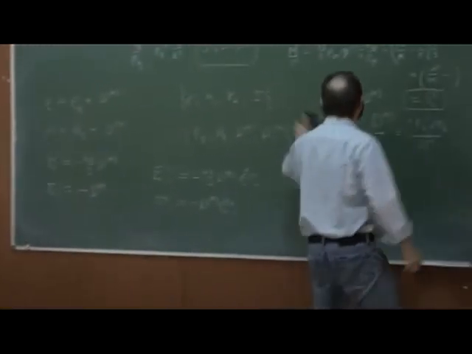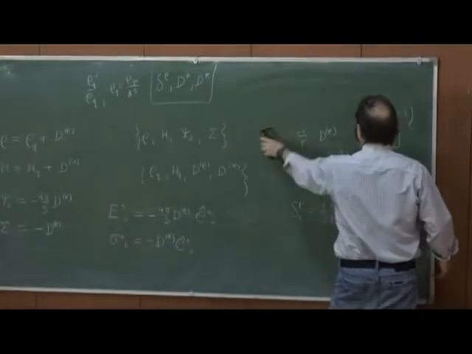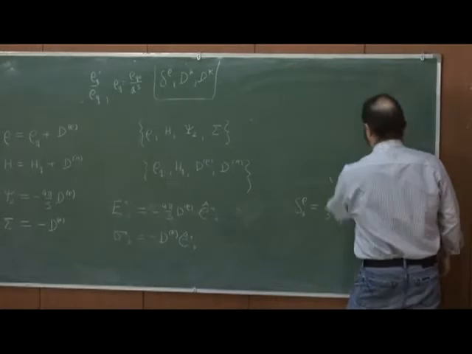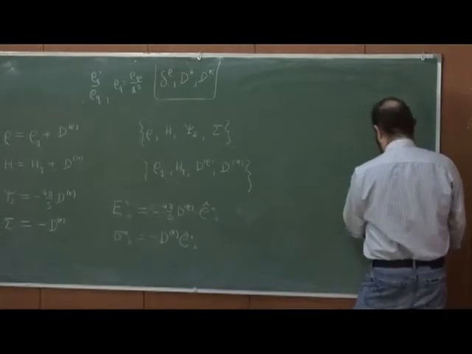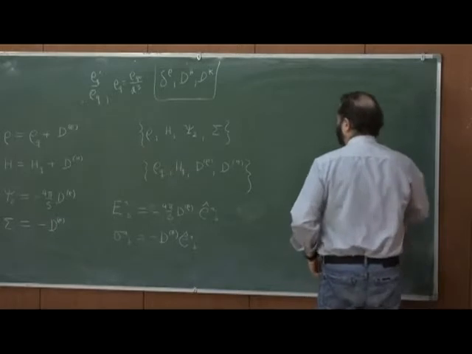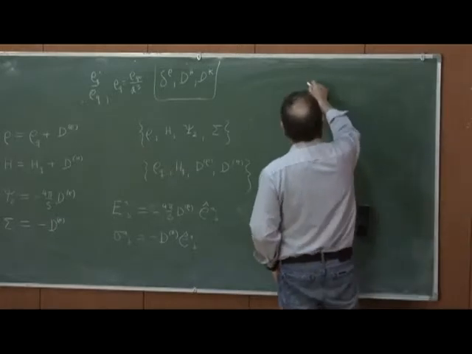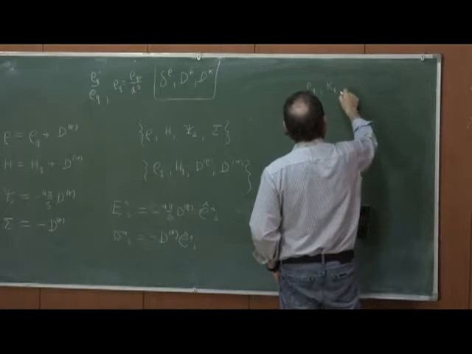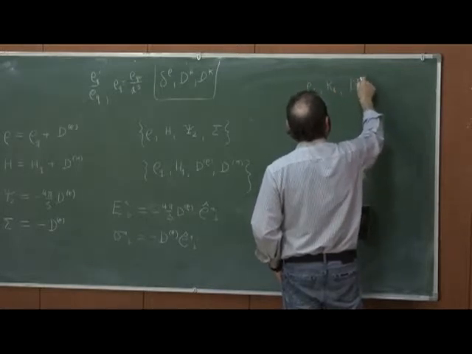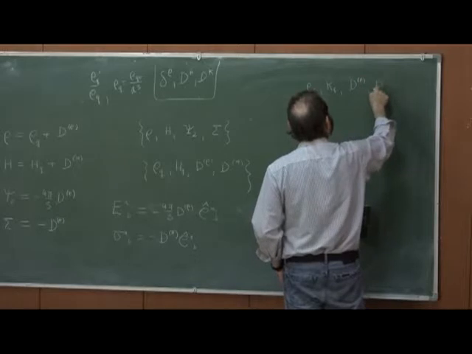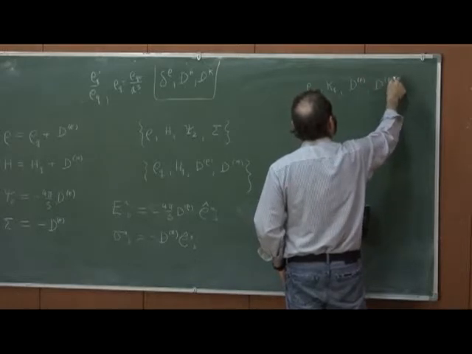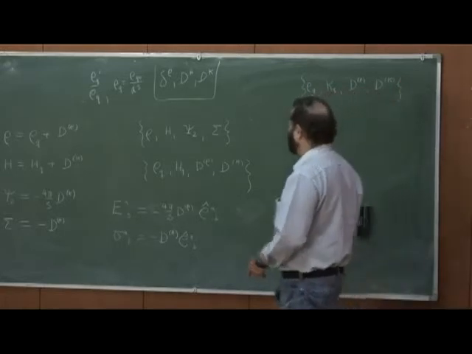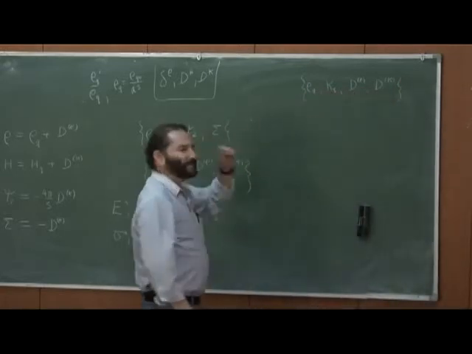Instead of, say, for example, we can use these variables also. Yeah, we can use these variables also. How do we pass from these ones to this?